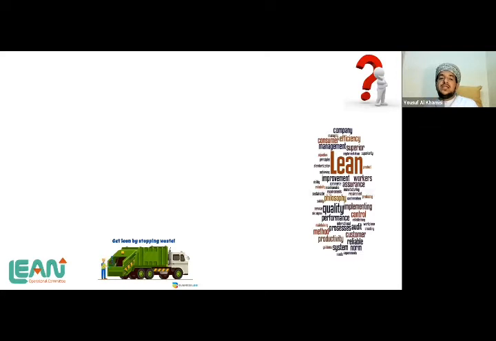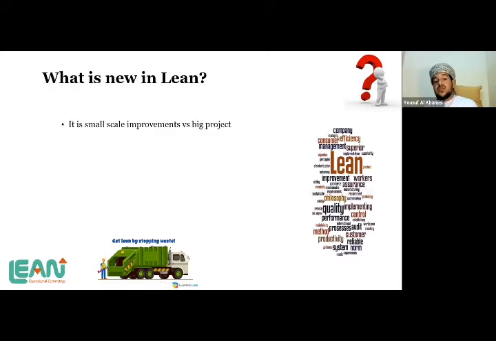What is new in lean? 5 things or 4 things. It is small scale improvements versus big projects. When we are talking about a lean project, I know most of you have had a chance to be in a lean project in different areas, and have heard about that. Lean is not about a 5 year strategic planning project.